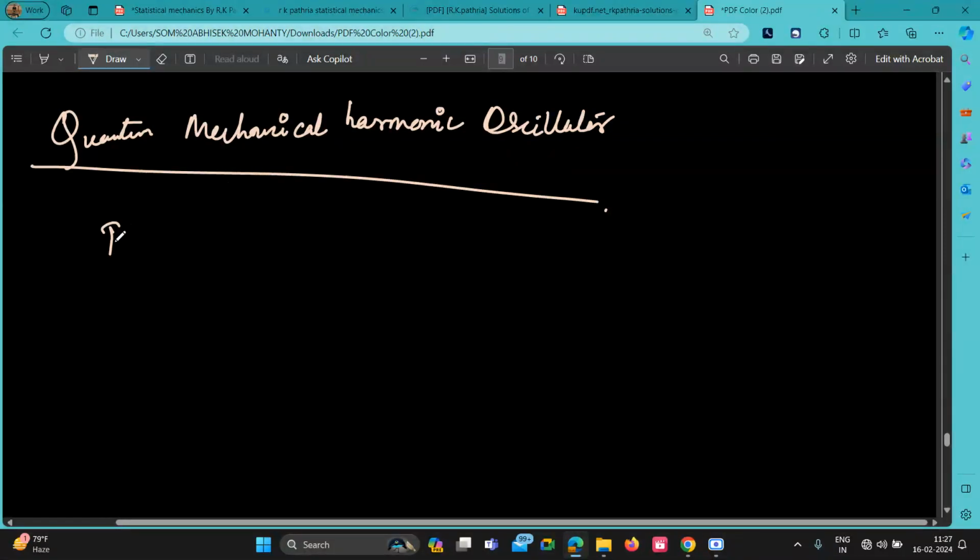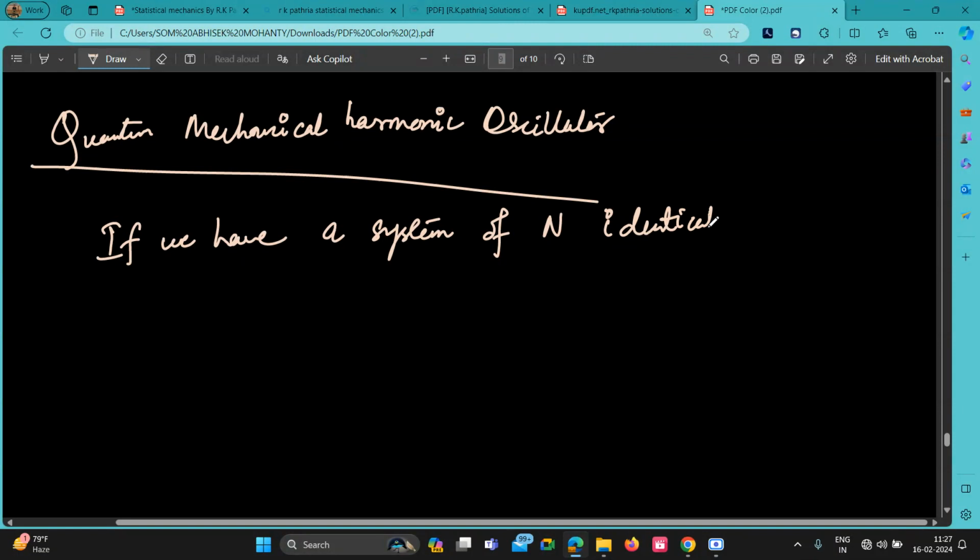So write down: if we have a system of n identical, independent, non-interacting, distinguishable particles. Non-interacting means what? Potential energy is zero.